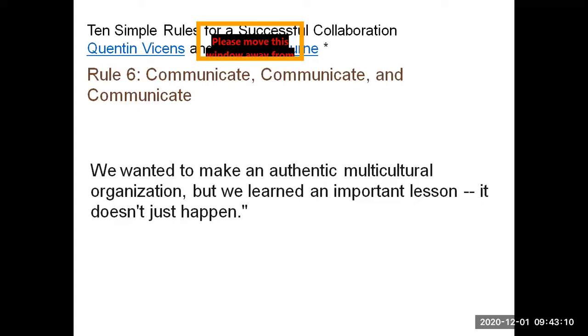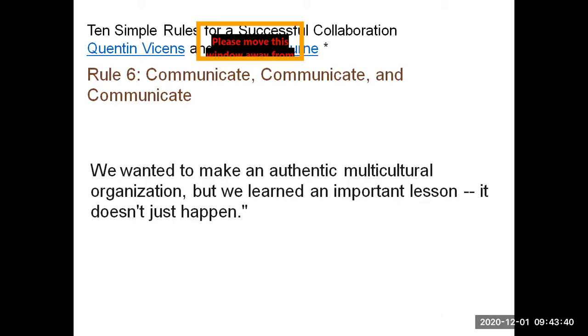So, in the end, I wanted to focus on this particular point of the 10 simple rules of collaboration written by Vicens and Phil Bourne. You must have come across this paper in PLOS Computational Biology some time ago. Rule 6 says: communicate, communicate, and communicate.